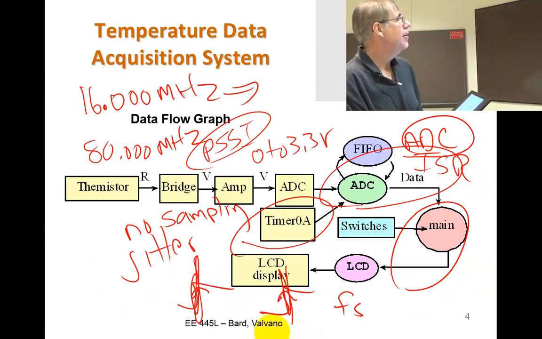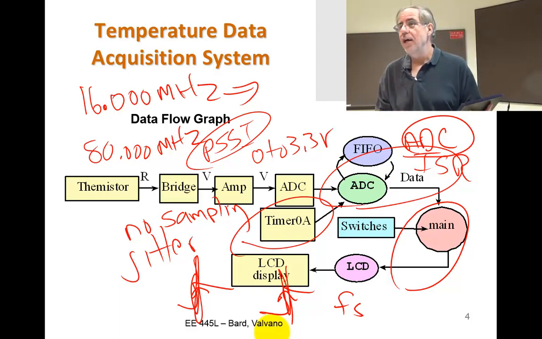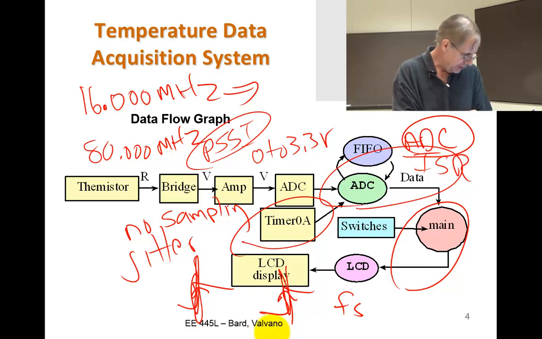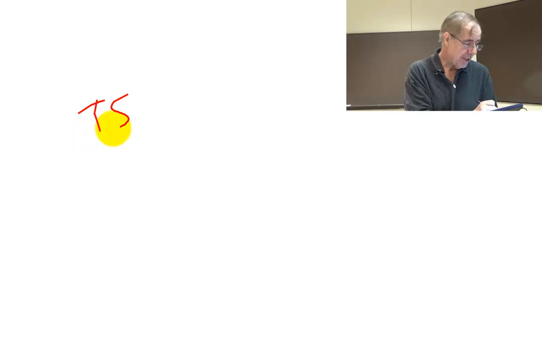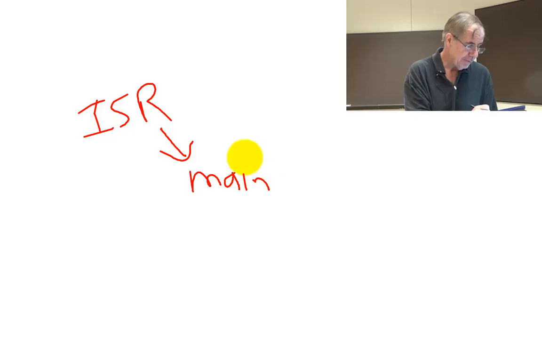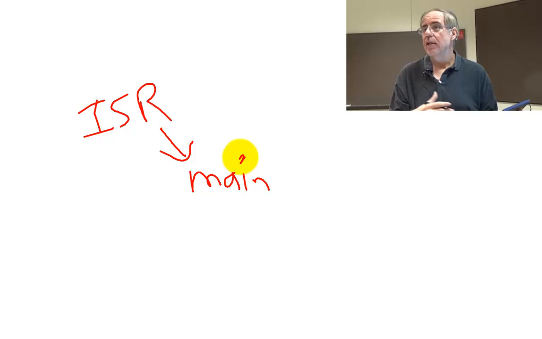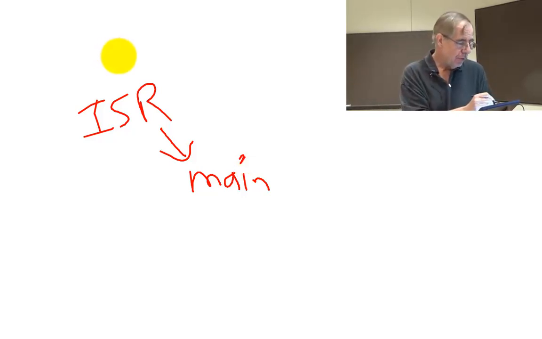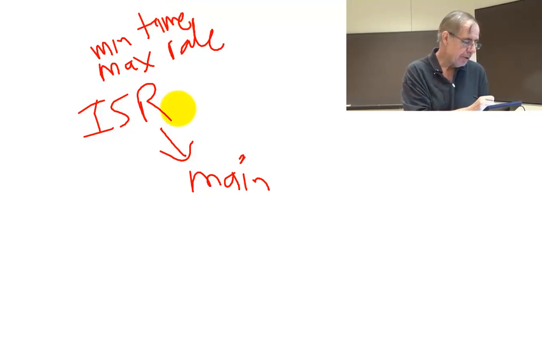Is it always necessary to have a FIFO to store data, or can I have a global variable? Okay, so a very interesting question, and that will be on the final, so let me answer it for you. All right. The ISR is passing data to the main program. What I need to know is the maximum rate, or better, the minimum time between the production of data.